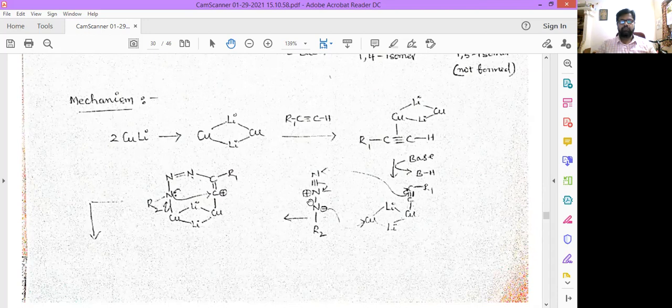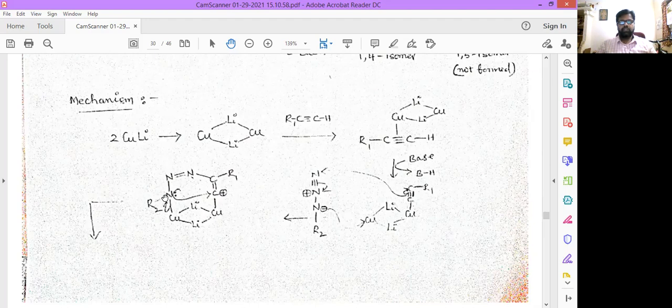So this azide position will interact with one of the triple bonded carbons, because one of the triple bonded carbons is interacted with the copper. Automatically the other carbon of the triple bond will interact with the nitrogen of the azide. So cyclization will take place.